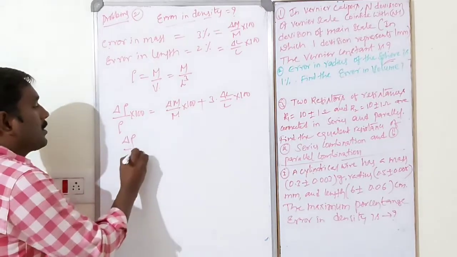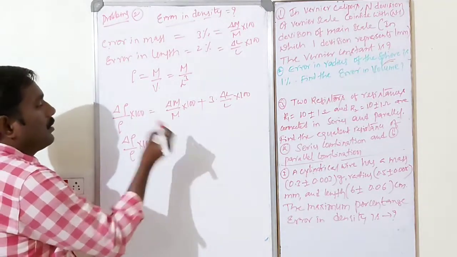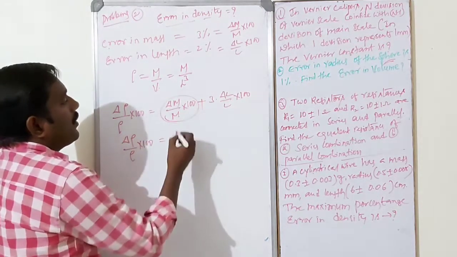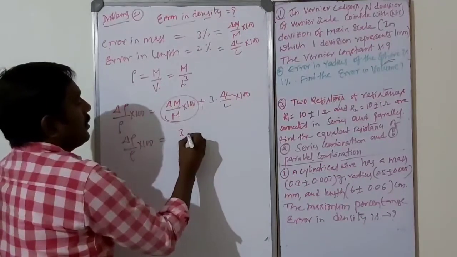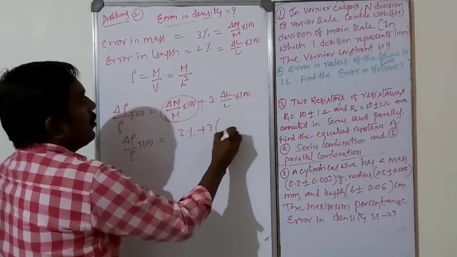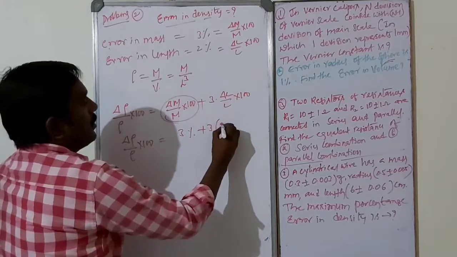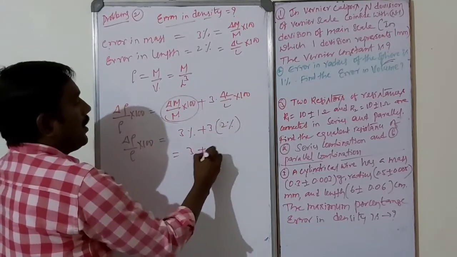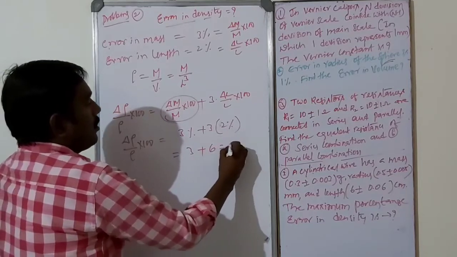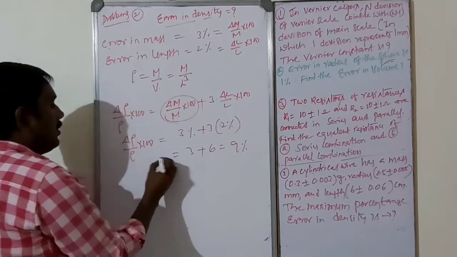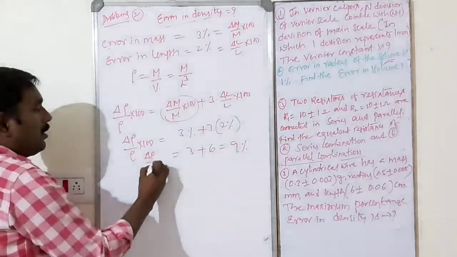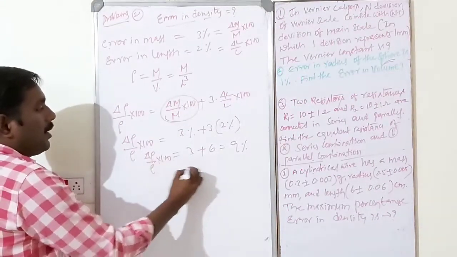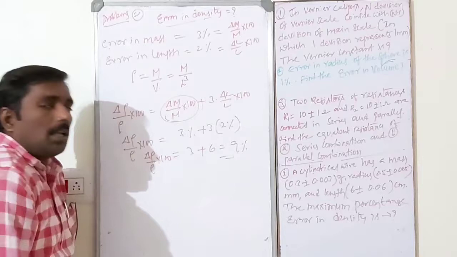Percentage error in density is equal to, what is the value of delta m by m into 100? 3%. Plus 3 into what? That is 2%. Then 3 plus 6, that is equal to 9%. This is the percentage error in density.